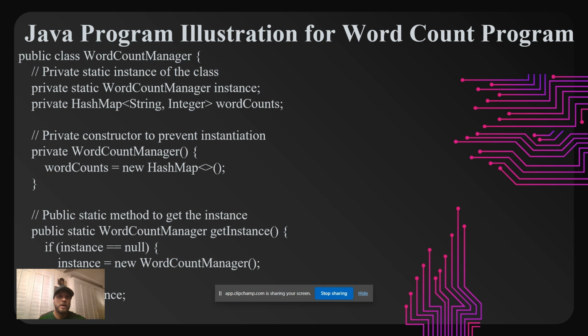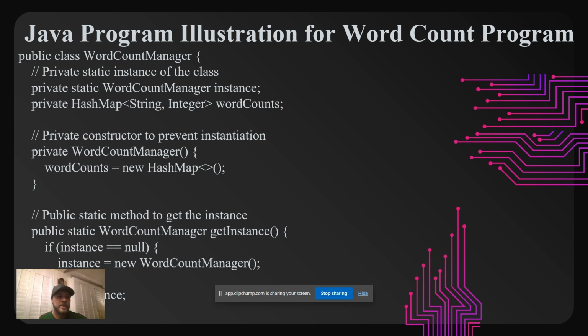And then we wanted to go over one that illustrates a word count program. This is crucial because it shows a conversion from a simple Singleton class to one that is used in a more implementable way in a word count manager.